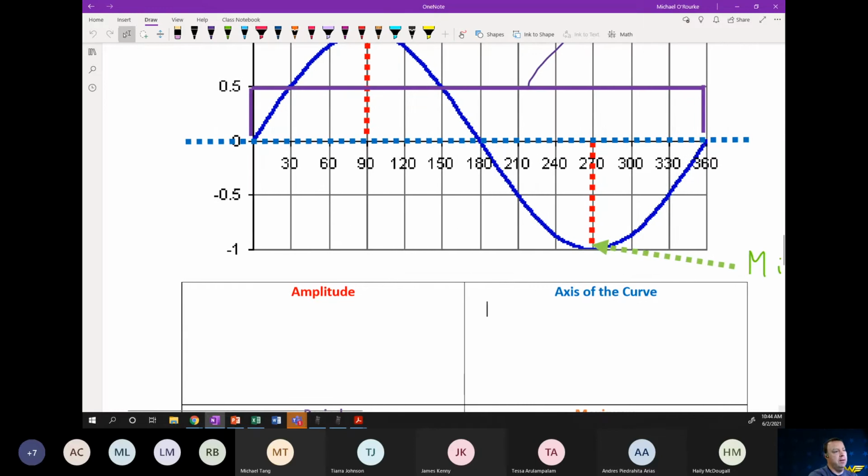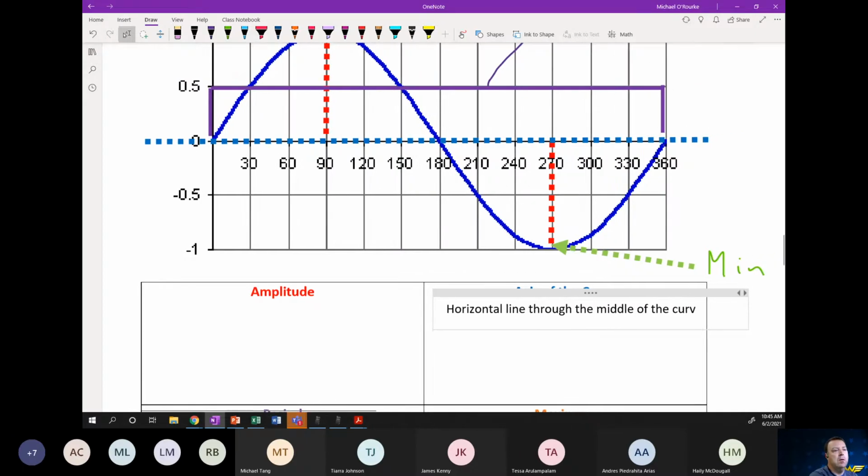All right, so this here is max plus min divided by 2.